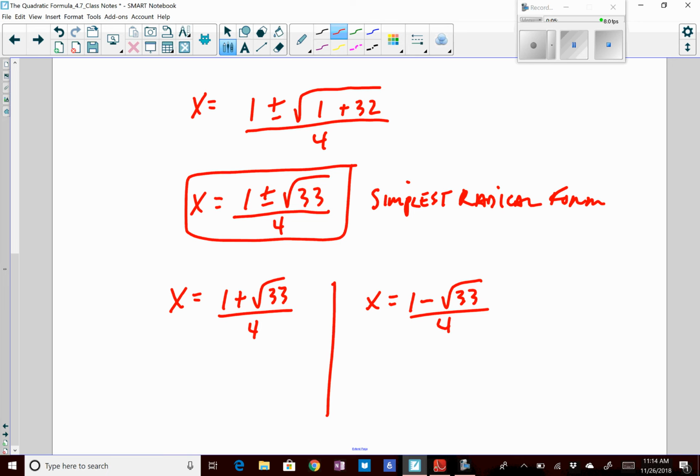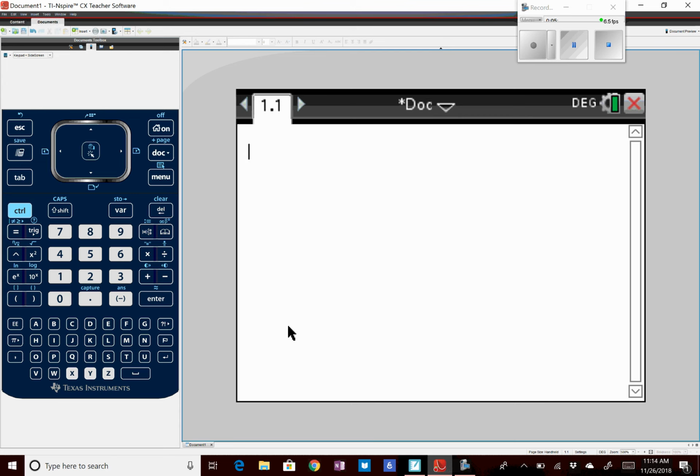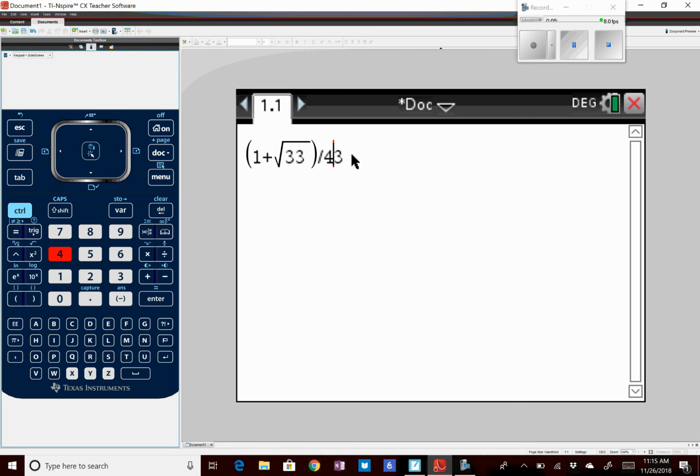And then we could just use the calculator to come up with the solutions. So we'll go to the calculator, get a calculator page. So it was 1 plus the square root of 33 divided by 4.